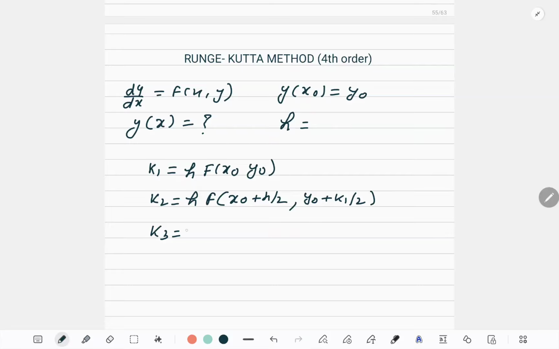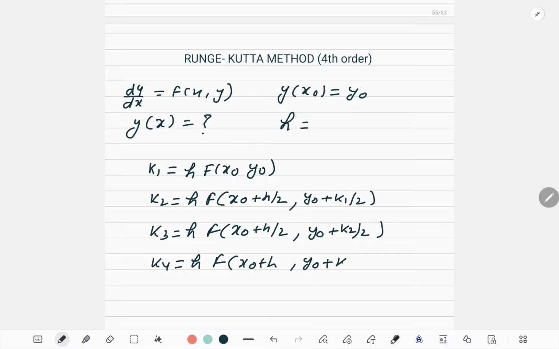Then k3 is h f of x0 plus h by 2, comma y0 plus k2 by 2. k4 is equal to h f of x0 plus h, comma y0 plus k3.